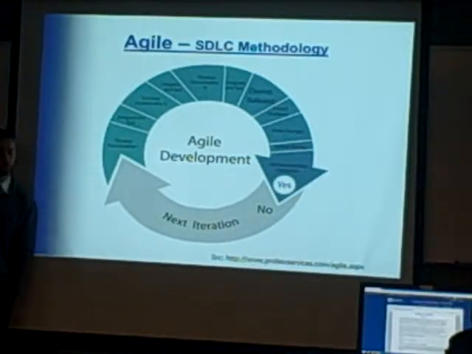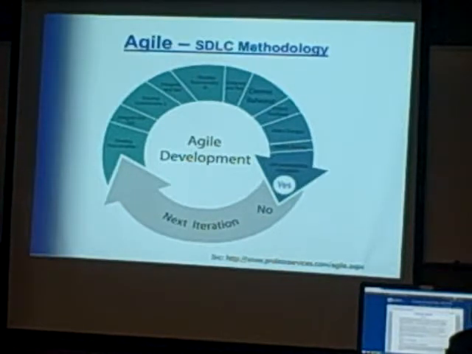And agile development is a more adaptive approach to software development. There are very specific things about it that I don't want to go into all the details, but just at a high level, it allows you to do much quicker iterations on building the software as if you were prototyping.